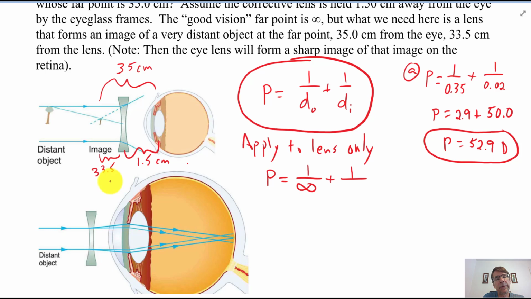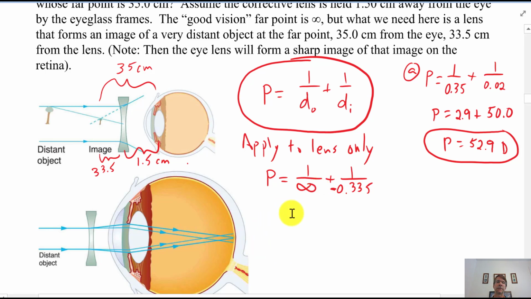But bottom line, what this means is that the lens in front of your eye needs to put an image at a distance of 33.5 centimeters, or 0.335 meters, from that lens. And that's a negative, because it's a virtual image in front of the lens, upright, so it's got to be negative.